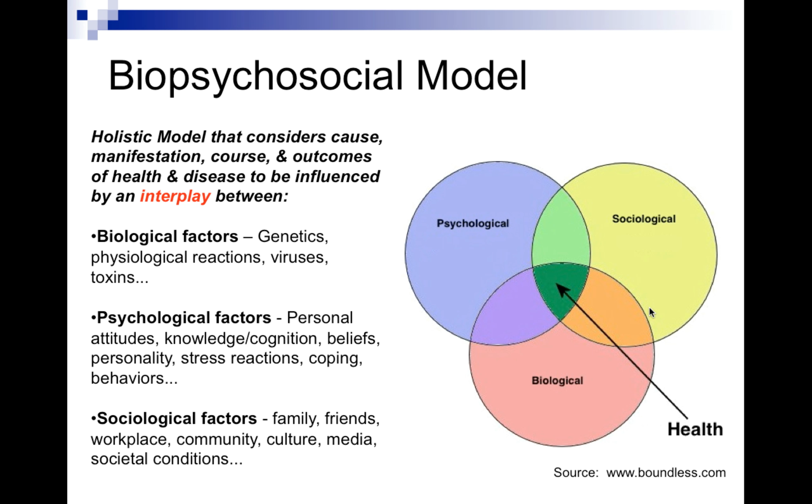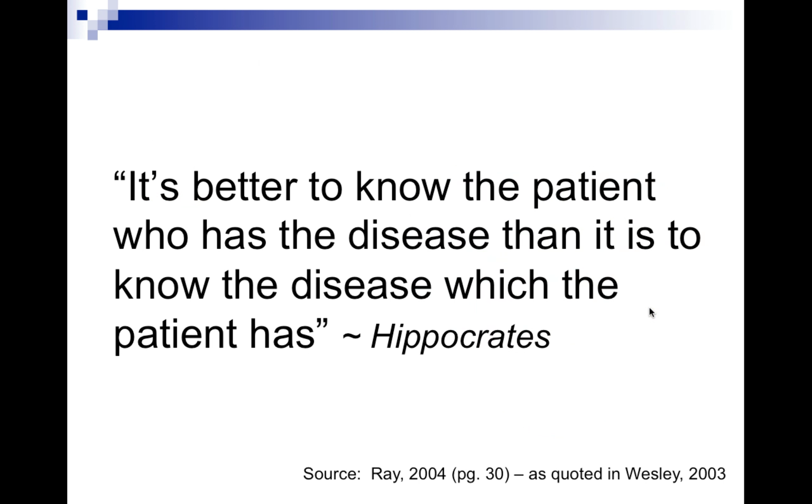All three aspects are seen as an interplay or interacting so that all three aspects are involved in the cause, manifestation, course, and outcomes of health and disease. As such, according to the model, each aspect on its own is not sufficient to bring about health or illness.